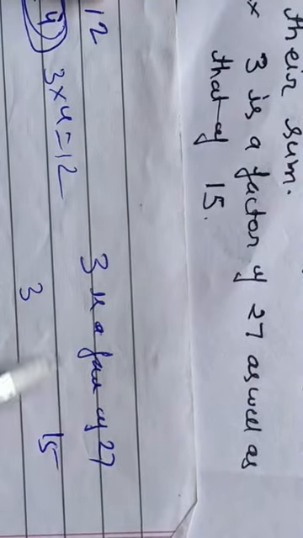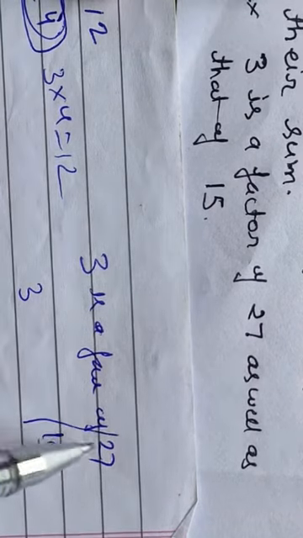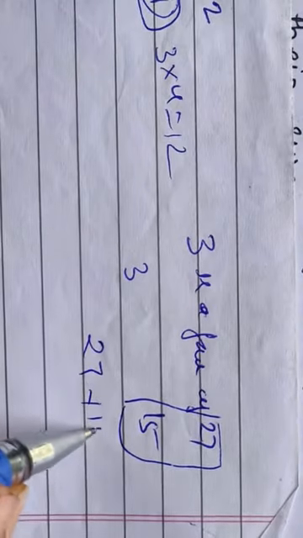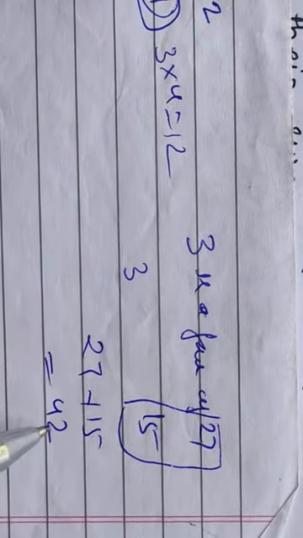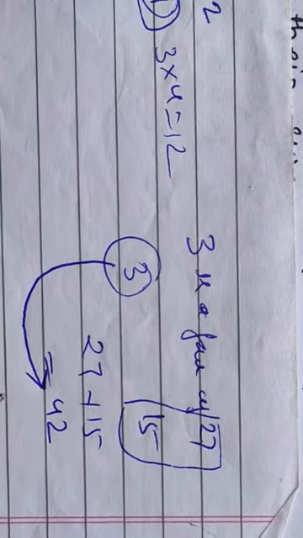Now we will find the sum of these numbers. So 27 plus 15 is equal to 42. So 3 is also a factor of 42.